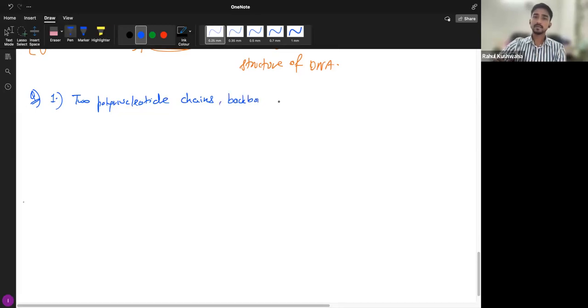You can write down the backbone is sugar phosphate, and the base as a molecule.